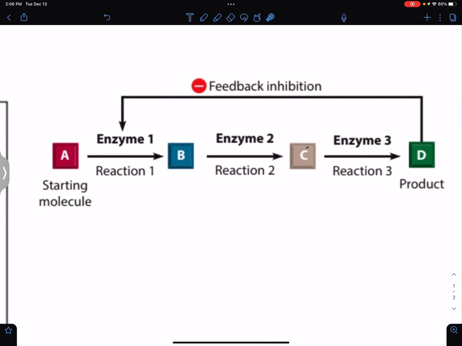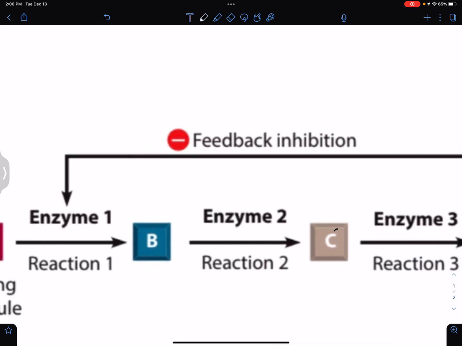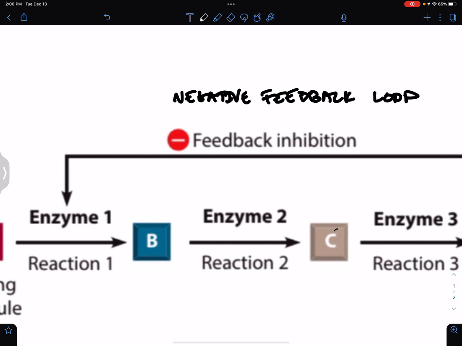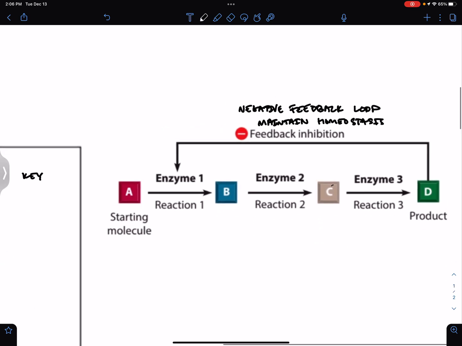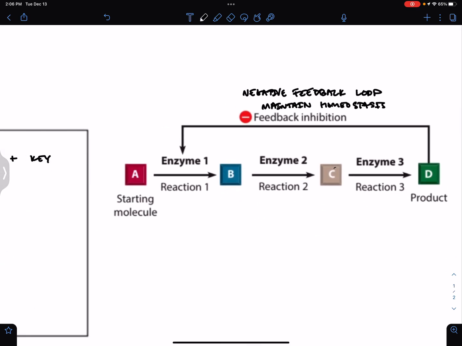And this would be an example of a negative feedback loop. And this helps maintain homeostasis. It keeps levels of things buffered within certain limits.